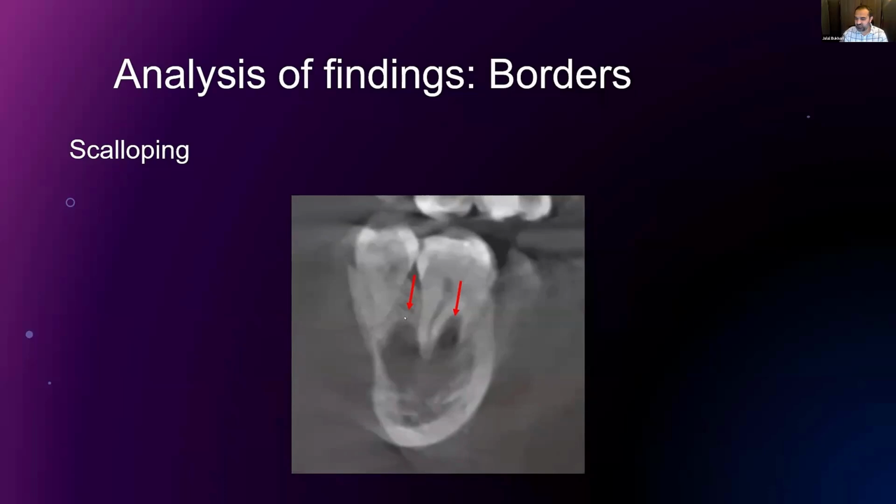When we're looking at this cropped sagittal section of the posterior mandible, the arrows point to the borders of this low-density area, which are scalloping between the roots of the mandibular molars. Such features can be associated with pathologies such as simple bone cysts, ameloblastomas, or even odontogenic keratocysts. So this is a type of action that is associated with the borders of certain pathologies.